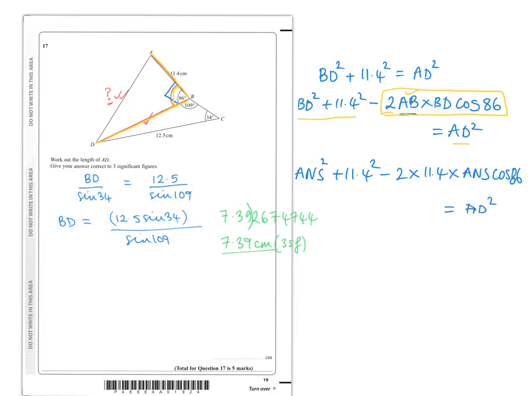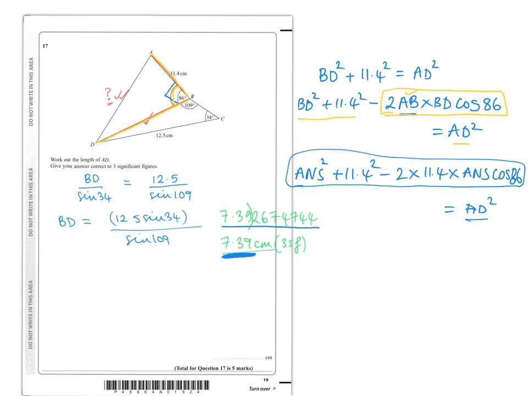So what I'm going to do is just put all of that in my calculator, and then at the end I'll try and remember to square root it, otherwise I get the answer wrong. So I've stored that in my calculator, and I'm just going to type in this now. You may not use the ANS button, you might have another way of doing it. If not, be very careful, do not put this one in for BD, put the long one in, the unrounded one, okay? So be very careful with that.